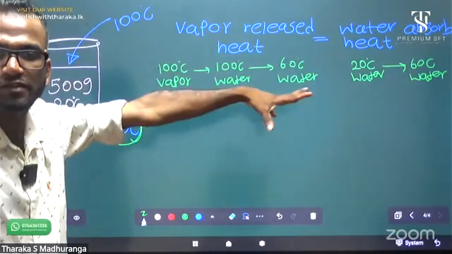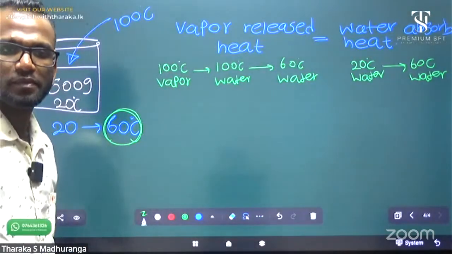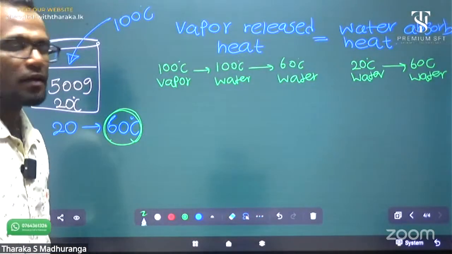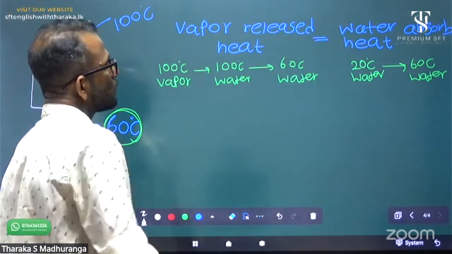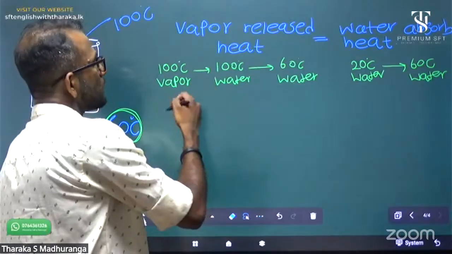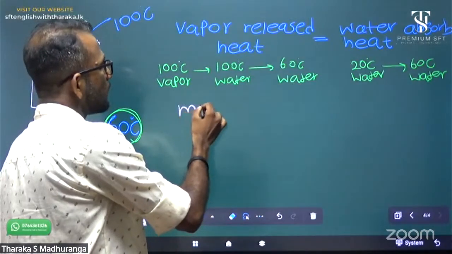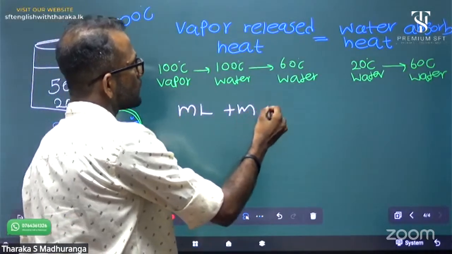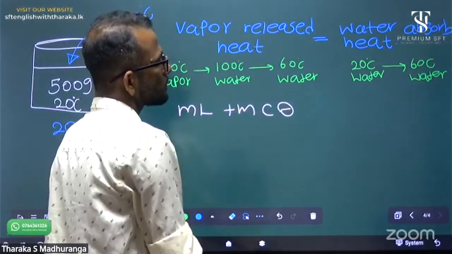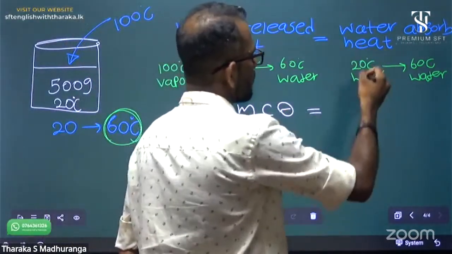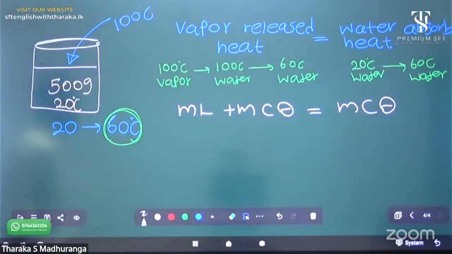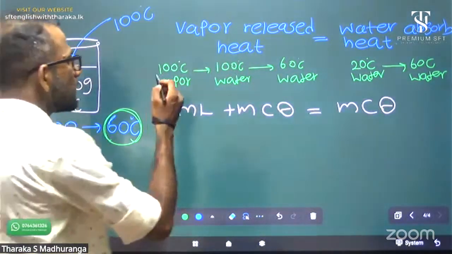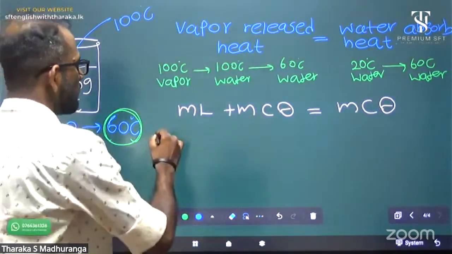Condensing and reaching 60 Celsius. Then for vapor, we have to use mL plus mcθ equal to mcθ. For mL, we don't know m.